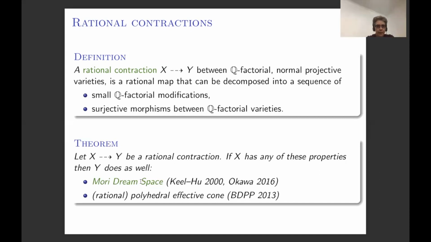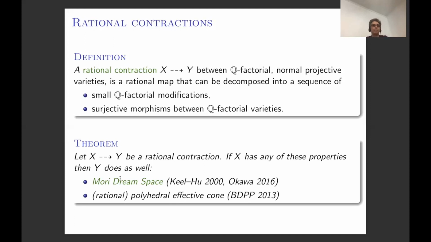The other property I mentioned here is the property of being a Mori dream space. So this is a condition that guarantees that the minimal model program works on this variety in an ideal way. So in particular, every nef divisor is semi-ample, so a multiple is base point free and corresponds to an actual morphism.